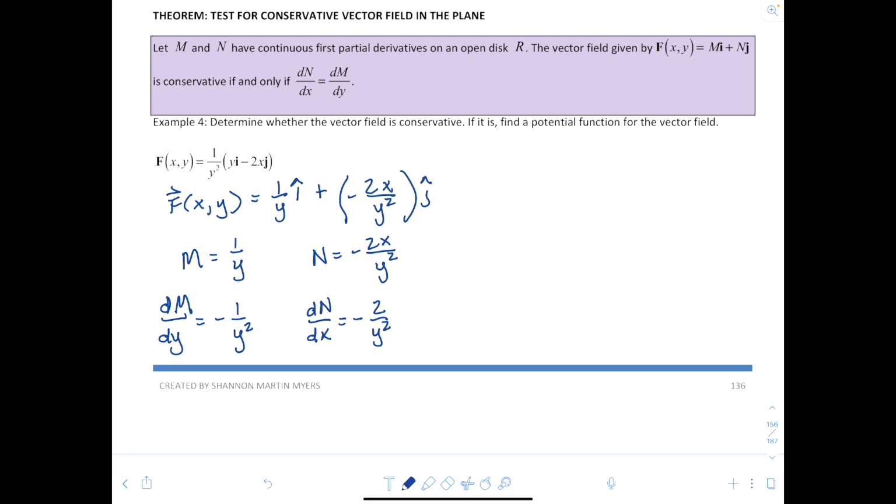So the vector field is not conservative. Good so far? All right.